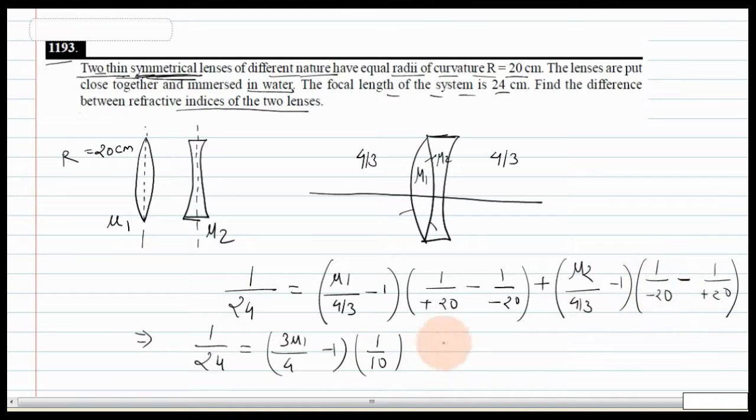It will be minus 1 by 10. So I am putting this minus 1 by 10 before, and then writing 3 times mu2 by 4 minus 1. You can take 1 by 10 common, then 3 by 4 into (mu1 minus mu2) will be left. Minus 1 and minus 1 will get cancelled out. So this expression is equal to 1 by 24.